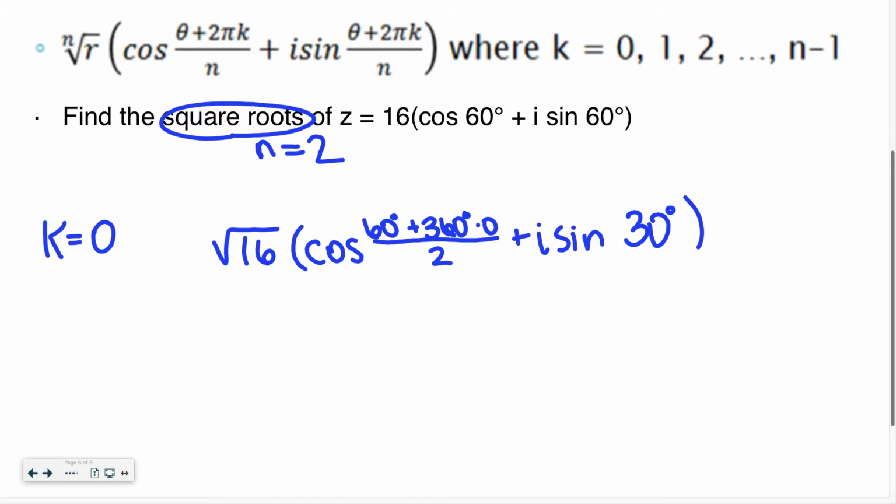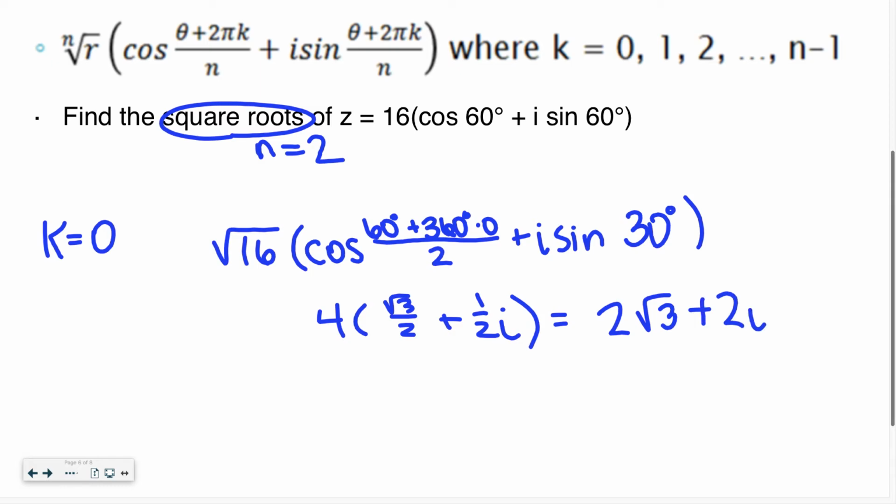So what we really have is 4 times the cosine of 30 plus i times the sine of 30. So our complex number is 2 radical 3 plus 2i.